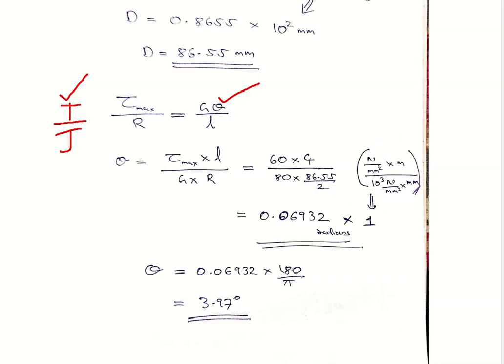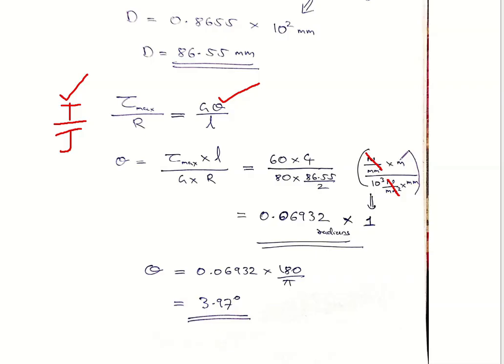So again, the equations are balanced here. The tau max Newton per millimeter square is there. Here 80 gigapascals I have written as 10 raised to 3 megapascal, that is 10 raised to 3 Newton per millimeter square. This Newton per millimeter square and this one gets cancelled. Now in the numerator we have meters, and in the denominator we have 10 raised to 3 millimeters.